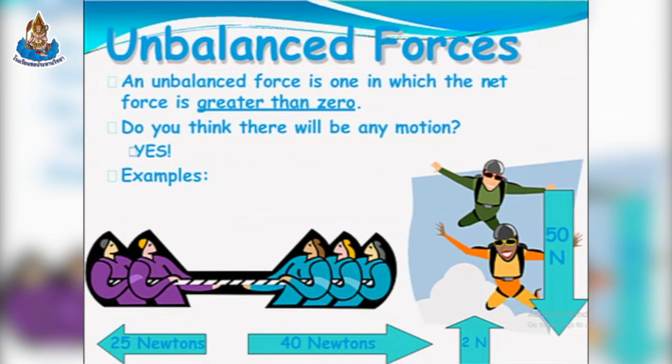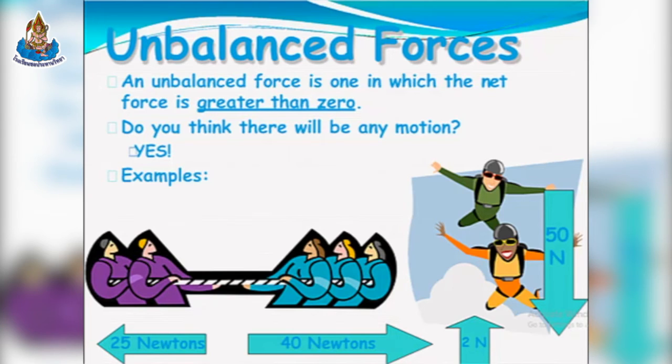Next, how about if we have unbalanced forces? An unbalanced force is one in which the net force is greater than 0. In these two examples in the pictures, we have first the tug of war. Different teams are exerting different forces in opposite directions.